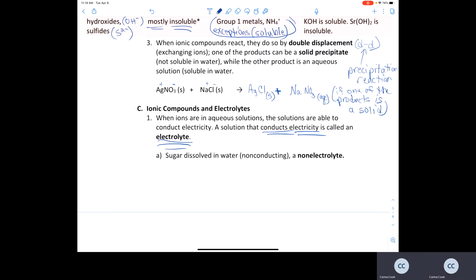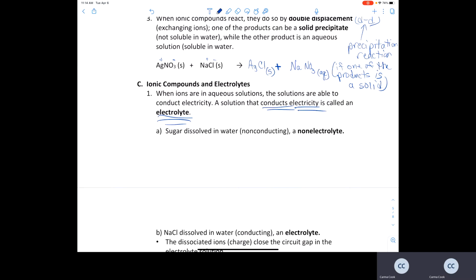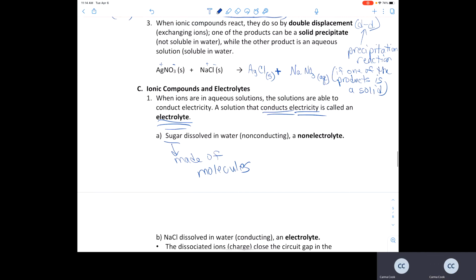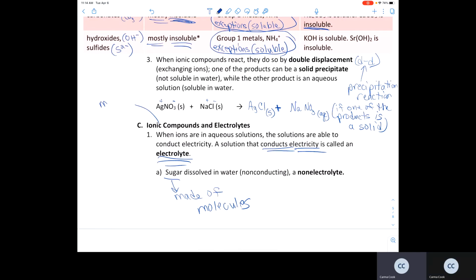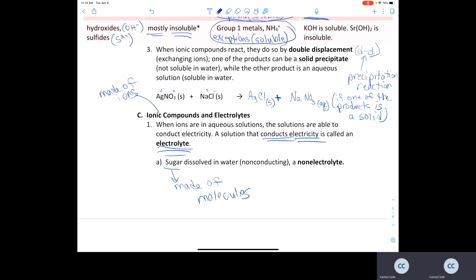Salts are electrolytes. Its opposite, sugars. Sugars are made of molecules. Ionic compounds are made of ions. So therefore, because sugars are made of molecules, they don't form any ions in solution. So they are non-conducting. They cannot conduct an electrical current, and they are called non-electrolytes.